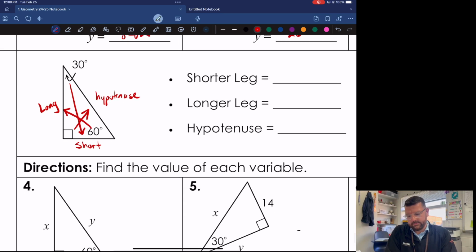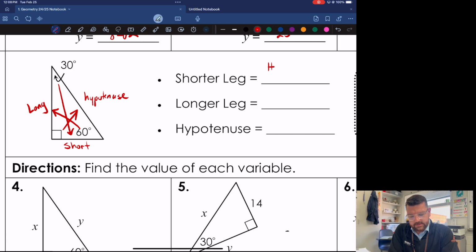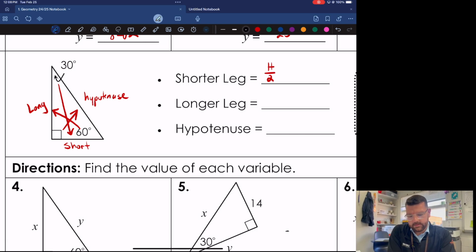The short leg, or side, can be found by taking the hypotenuse and dividing it by 2. Or you can use the long side and divide it by the square root of 3.